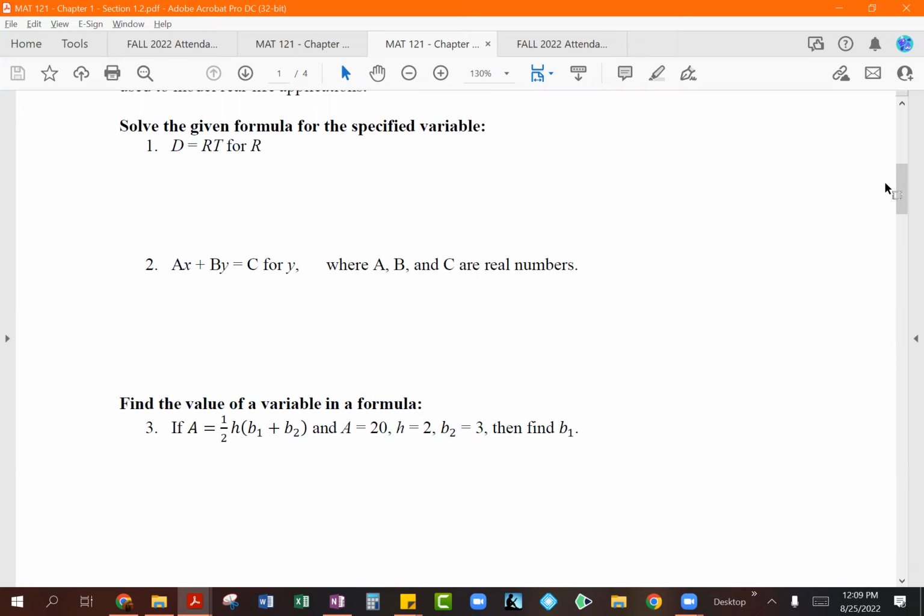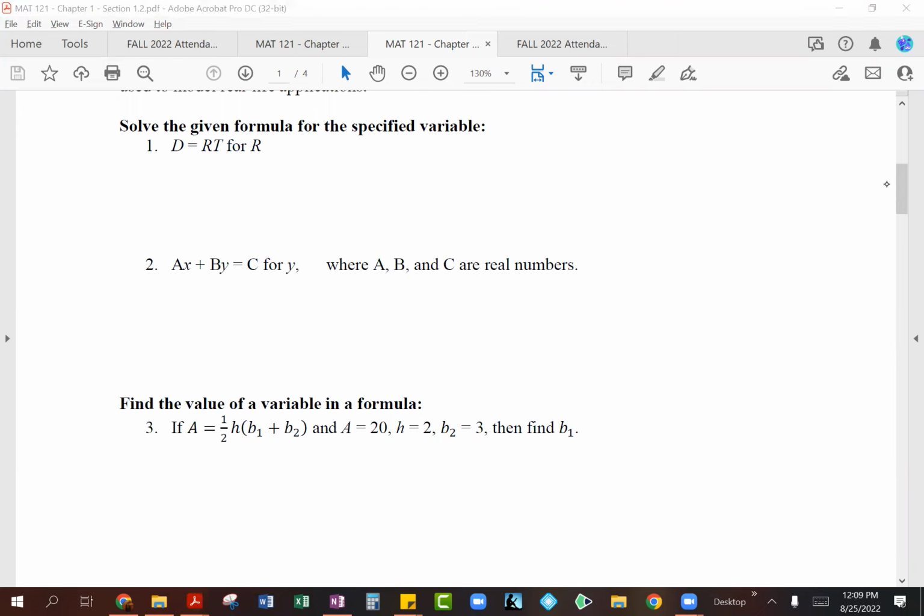Yeah, very nice. To get R by itself, we would divide by T on both sides. You can cancel out the T and you end up with D over T equals R. For that matter, if you wanted to get T by itself, we would divide by R on both sides, right? So this is just about rearranging your formula.